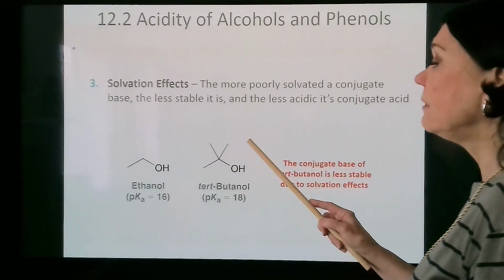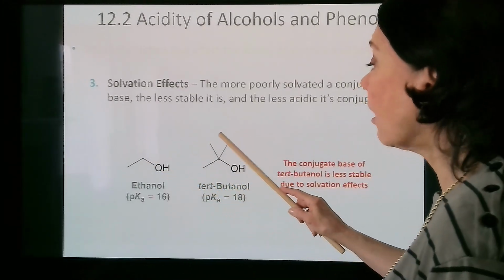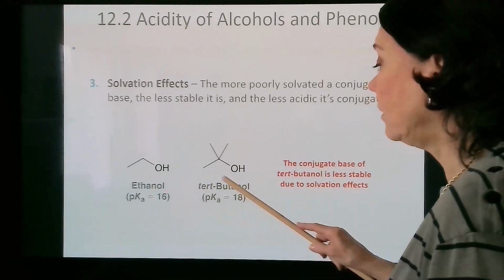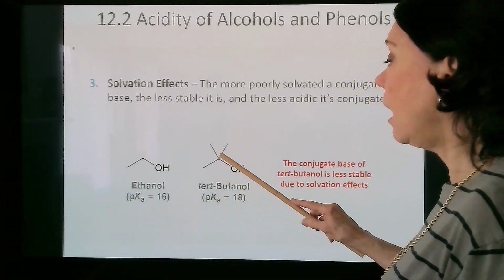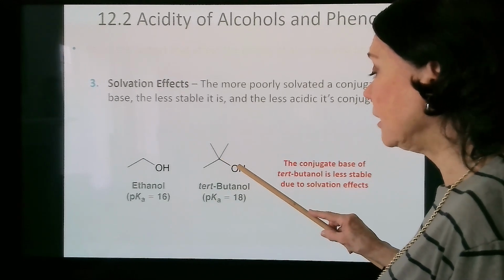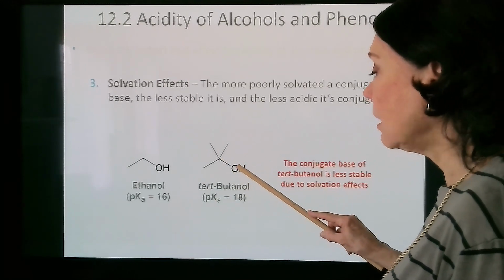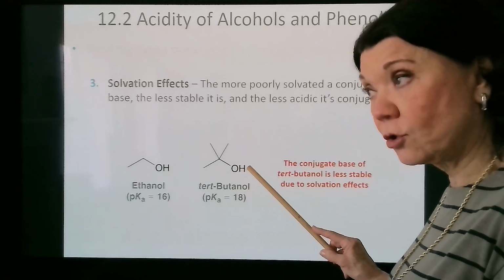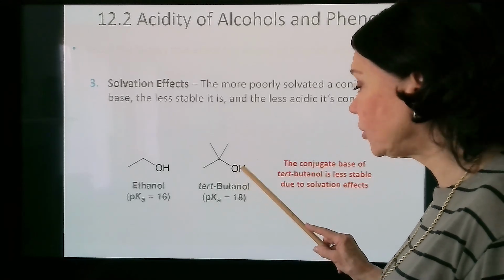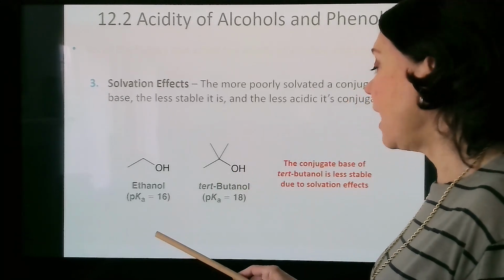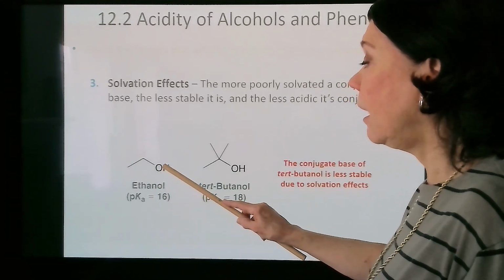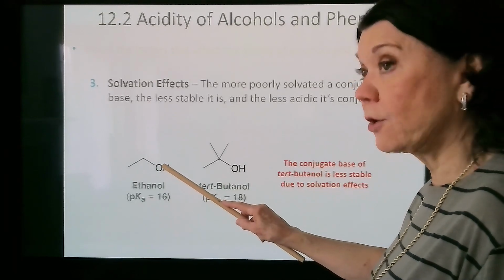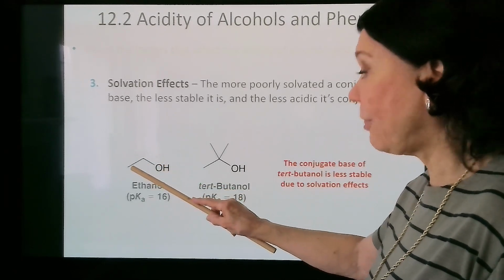And here, the solvation effect that one observes is actually due to a steric effect. The anion that is formed from this butanol is much more sterically hindered. The butoxide is much more sterically hindered than the oxygen atom bearing the negative charge in ethoxide.